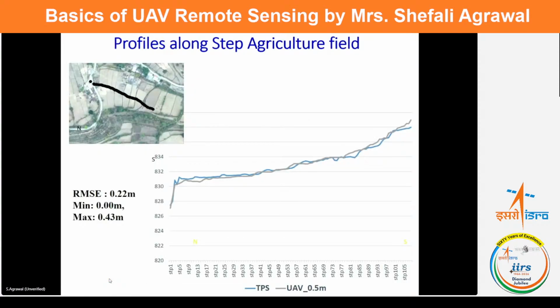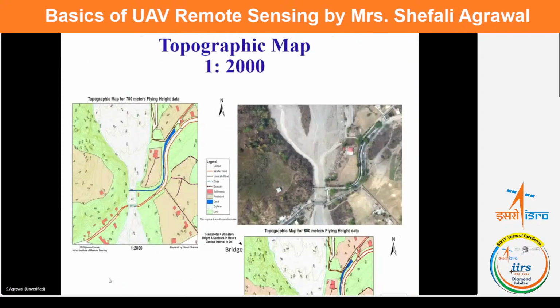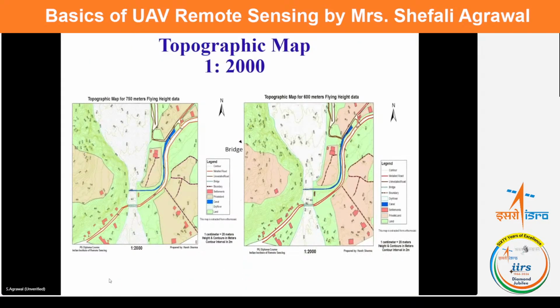This is the profile along the steppe agriculture or terrace agriculture. Here also the data collected using the ground and the drones were comparable and matching each other. This is another example where we showed the topographic map at 1:2000 scale generated from the drone platform.